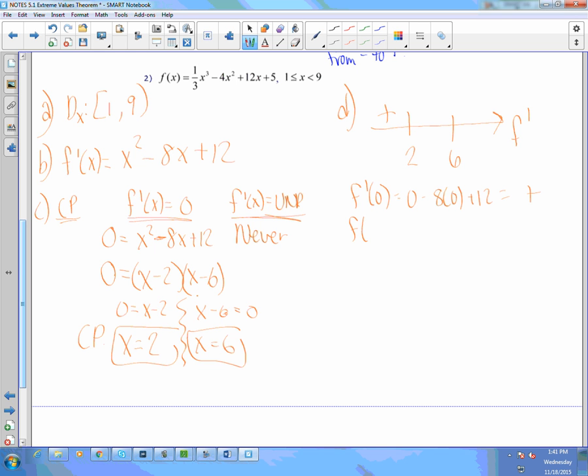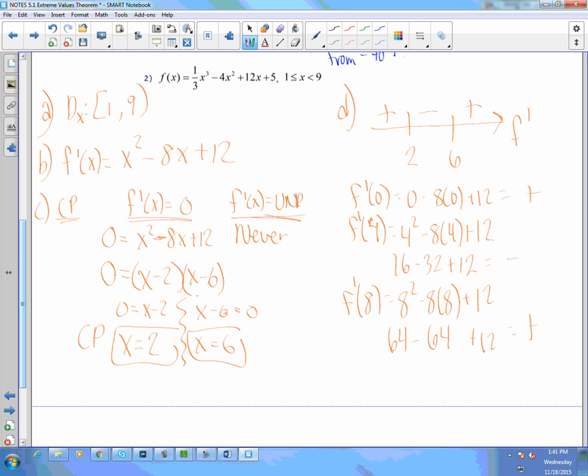What's between 2 and 6 that we can plug in? 4, sure. 4 squared minus 8 times 4 plus 12. 16 minus 32 plus 12. And there's a negative. Something bigger than 6. 8. 8 squared minus 8 times 8 plus 12. So it's essentially 64 minus 64 plus 12. Positive.